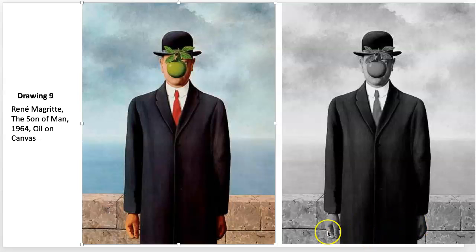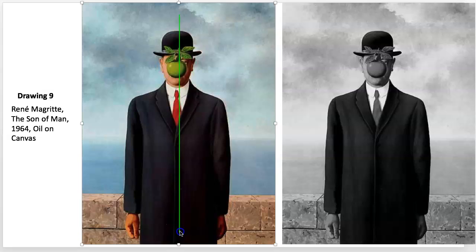It's back a little further than this hand in space, but it's overall pretty symmetrical. If you drew a line down the middle of it, generally speaking, it's pretty even on both sides. What makes it visually interesting is not necessarily its asymmetrical balance.